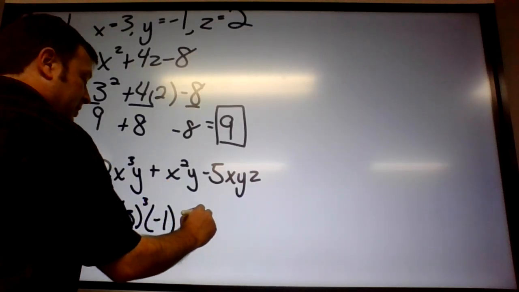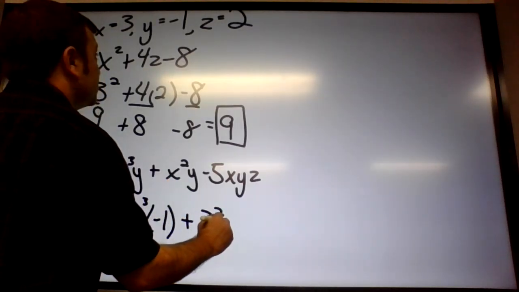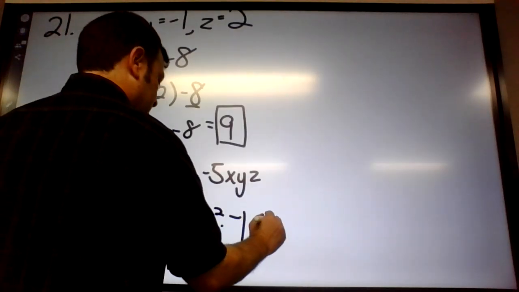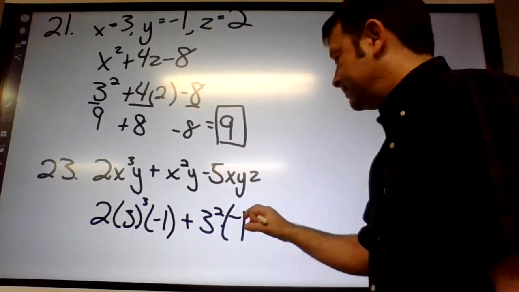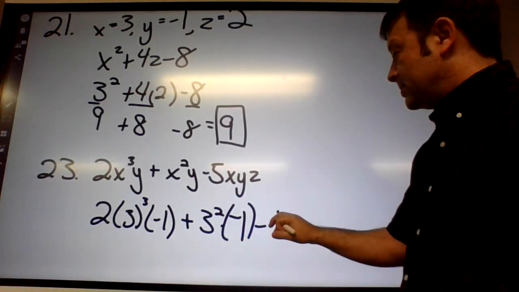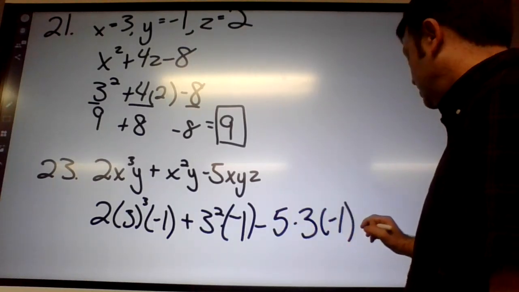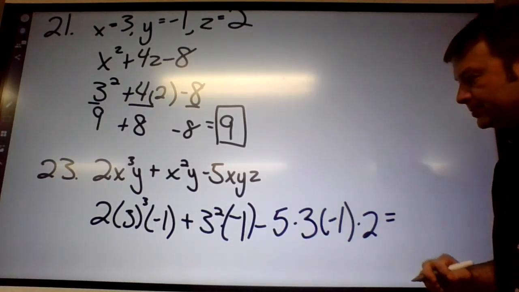Alright, x squared times y. Yeah, parentheses again. Minus 5 times x times y times z.